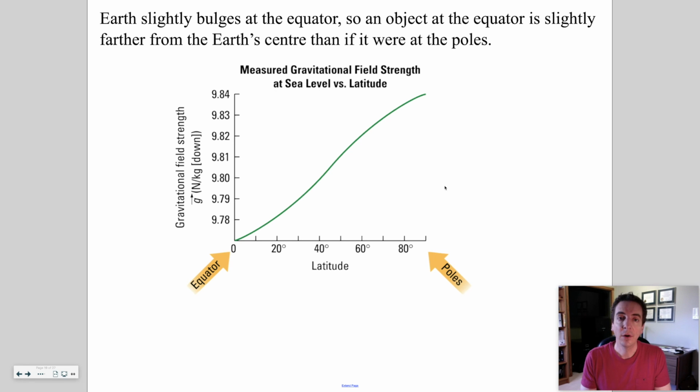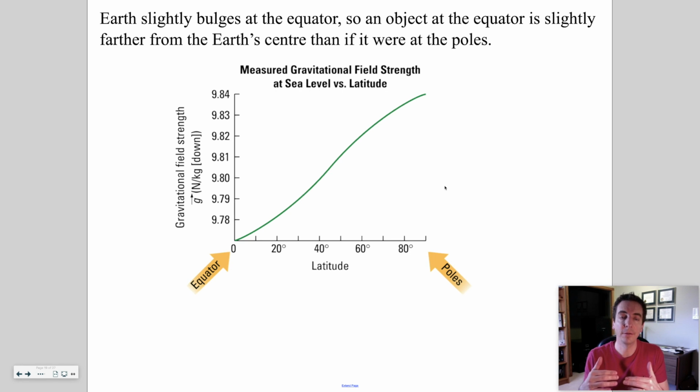So the Earth is actually not a perfect sphere. As it rotates, it bulges at the equator a little bit. So if you're standing at the equator, you're a little bit further from the center of the Earth than if you're at the poles. The Earth is actually kind of squished a little bit, if you could believe it or not. It's not much.